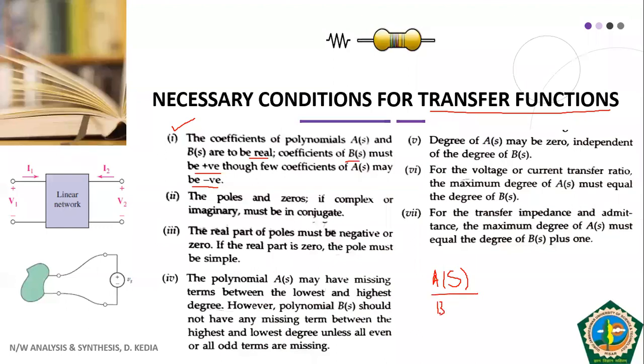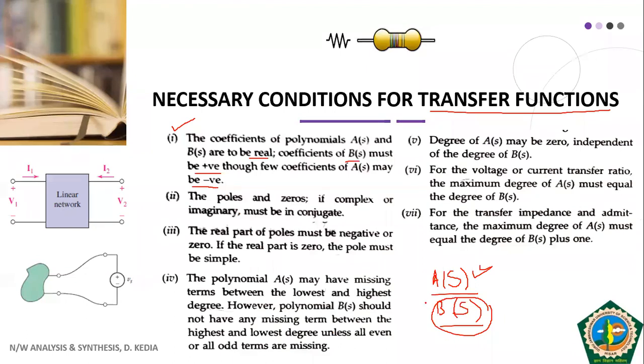Okay. And bs was the denominator, that gave us poles. So in a way we can say that bs must have positive coefficients, whereas some coefficients of as could be negative. So that is one difference between earlier and this one.